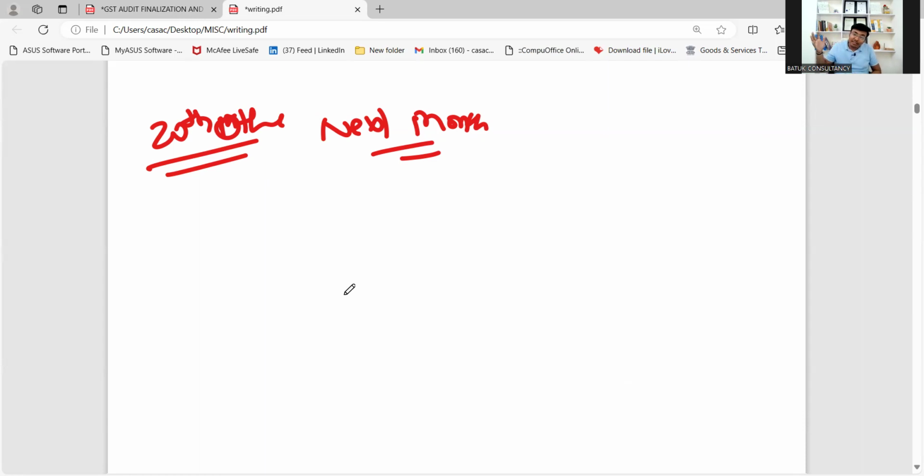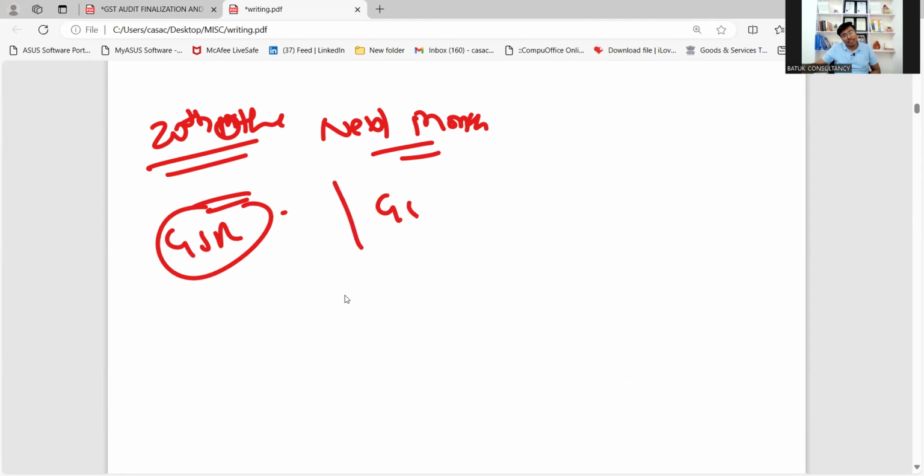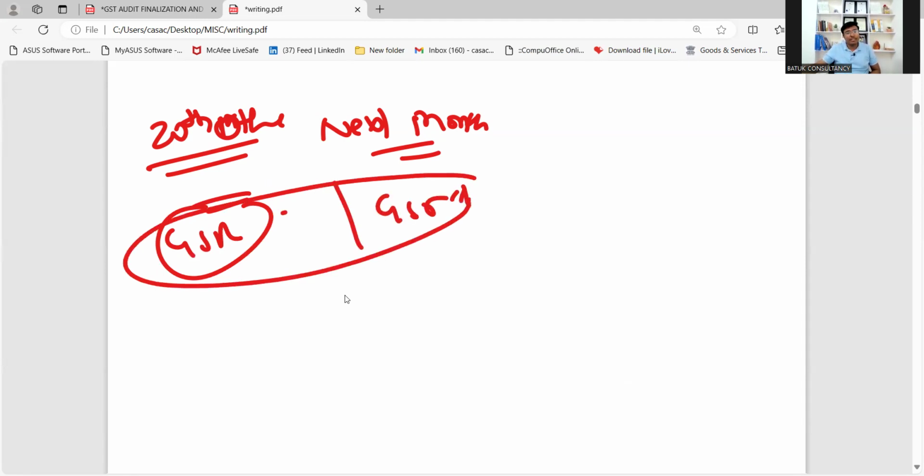So whenever there is a delay in filing of the returns, हम लोग क्या सोचते हैं, यार उसके GSTR 3B में डिले है, and there is also a delay in GSTR1 return, so we just need to demand interest and the late fees. Don't focus your mind on interest and late fees only.